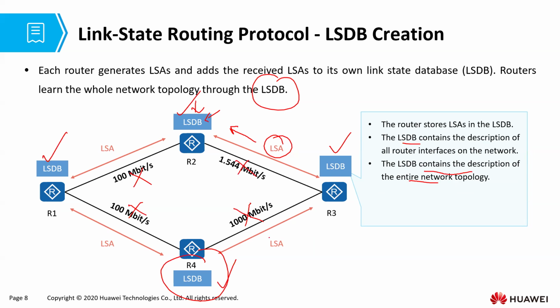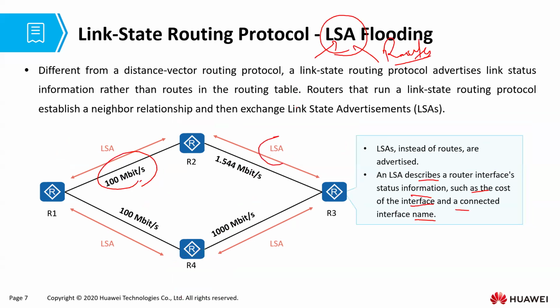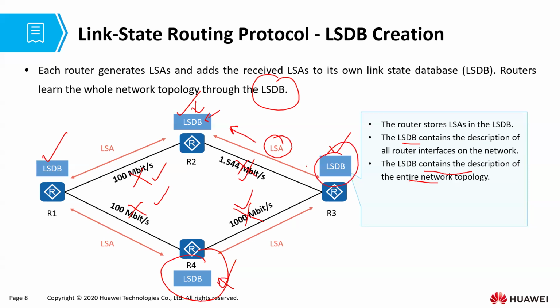When we say all routers in the same OSPF area have the same LSDB, they all contain the same topology; they all know the same topology of the network. That is what we mean. Because this LSDB will contain the cost here, the cost here, the cost here, the cost here. That is basically the map of the whole network. So from my LSAs, which are my updates, if we flood my LSAs, they are synchronized in my LSDBs.